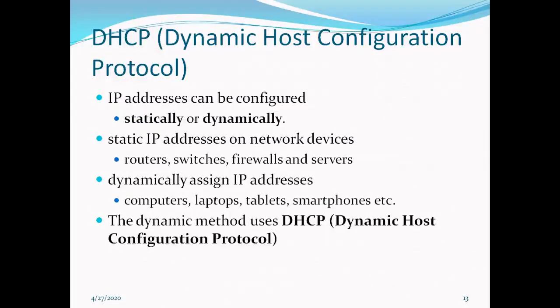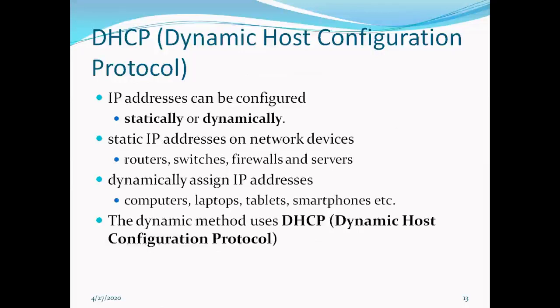Similarly, we have DHCP, that is Dynamic Host Configuration Protocol. Basically, an IP address can be configured in two different ways, statically and dynamically. In DHCP, we use the dynamic method of assigning IP addresses.